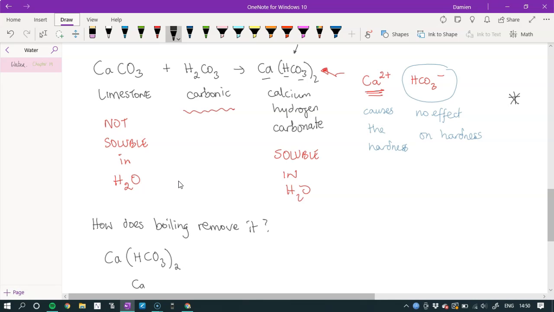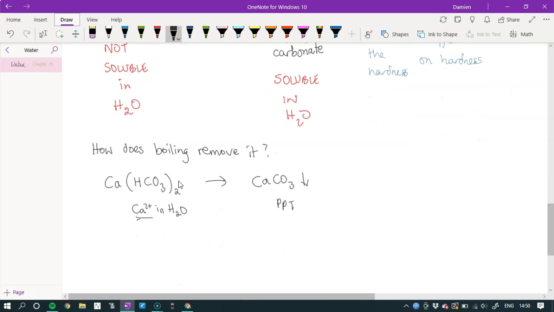So this basically is just calcium 2+ ions in water. And when you boil it, it causes a reaction to happen. What happens is they rebond and you end up forming calcium carbonate, which is a precipitate. In other words, the calcium ions come out of the water and are precipitated as calcium carbonate.